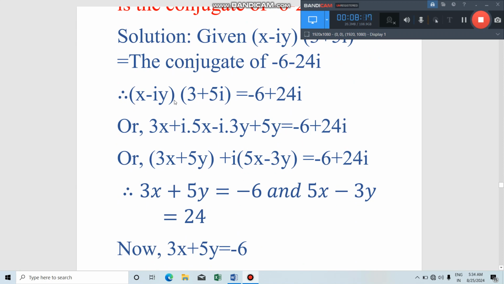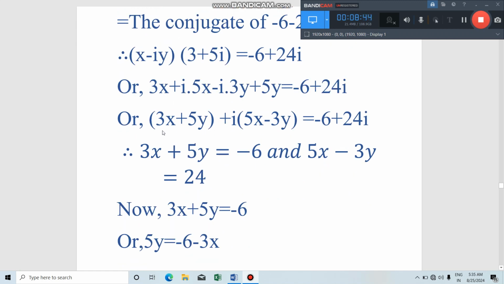Now we have multiplied it: 3x + i·5x − 3iy − 5i²y, so it will become + 5y, equal to −6 + 24i, or (3x + 5y) + i(5x − 3y) equals −6 + 24i.